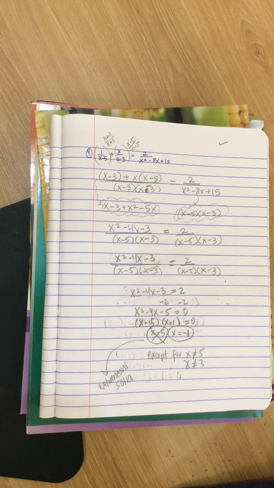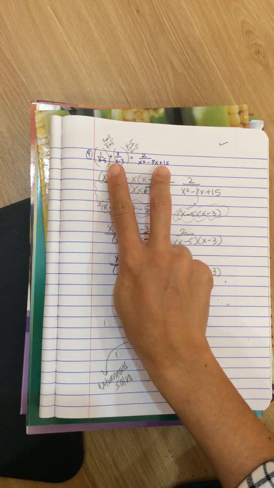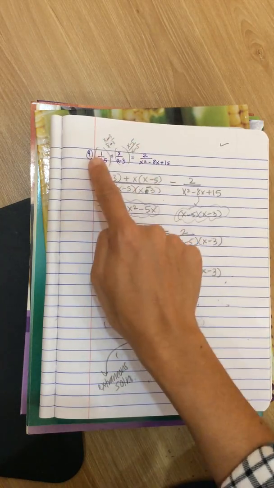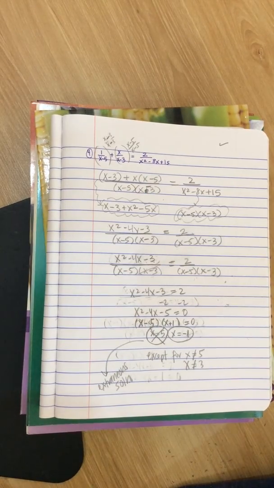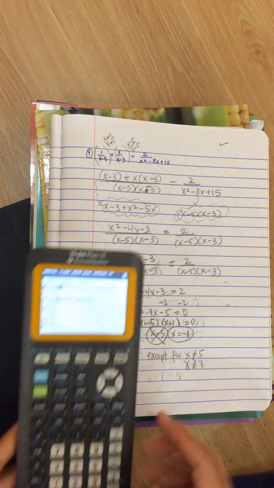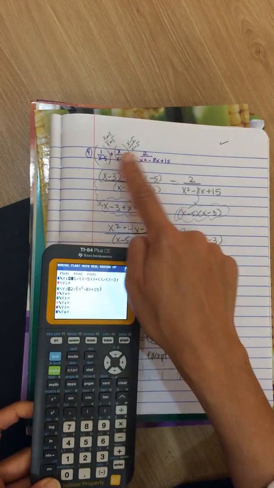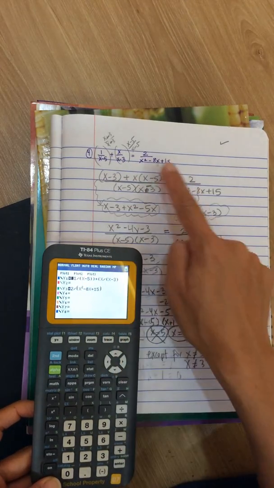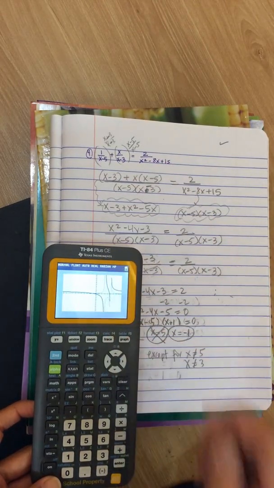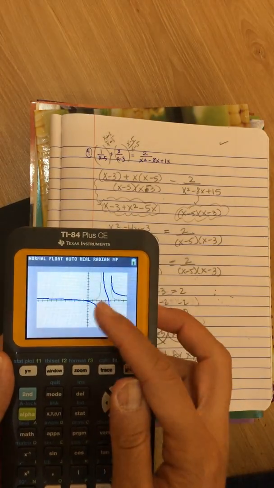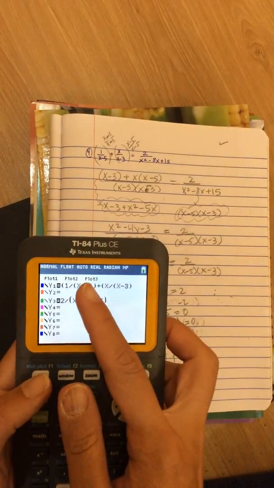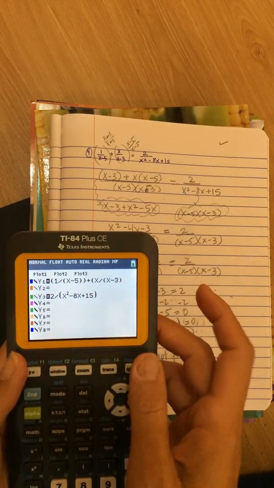And you can see that by first solving this equation here. We have two functions, this function and this function, and the solution is going to exist where those two functions cross, right? So I have put them in the graphing calculator. There is the left side of the equation, and here is the right side of the equation. So the solution should be where those two functions cross. The left side is blue and the right side is green.